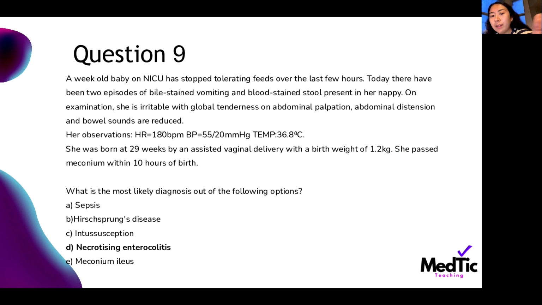And specifically within the neonatal period is being preterm out of all of this bit of history, because the bile staining vomit, that could be a lot of these things. But because they're preterm, I'd say that's especially why in this question, that is the answer here rather than the rest.